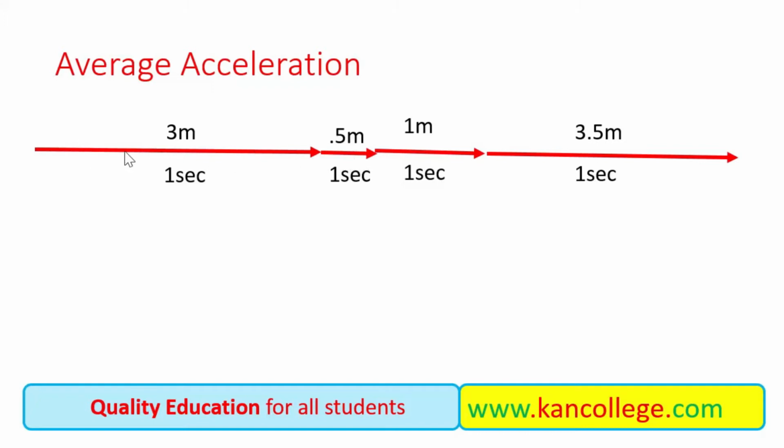It is varying its velocity, which means it has a changing acceleration. In this case, we have to take the average acceleration.